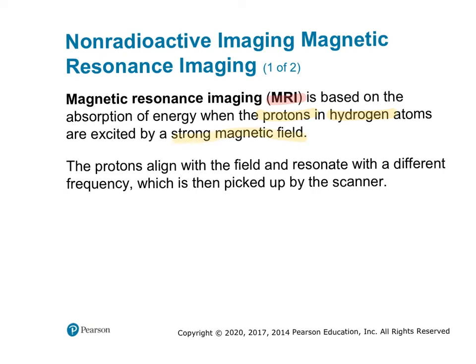The MRI machine gives off a very strong magnetic field, and the protons then align with the field and begin to resonate with a different frequency than the rest of the body, and that gets picked up by the scanner.